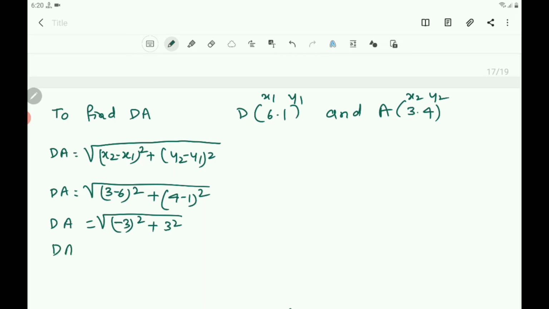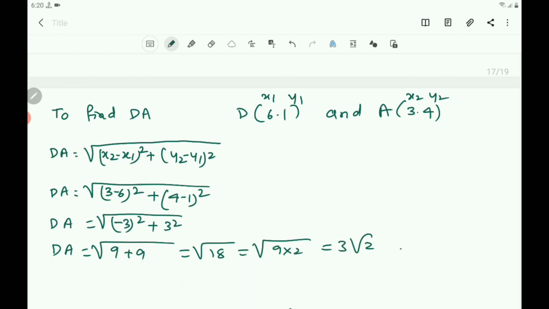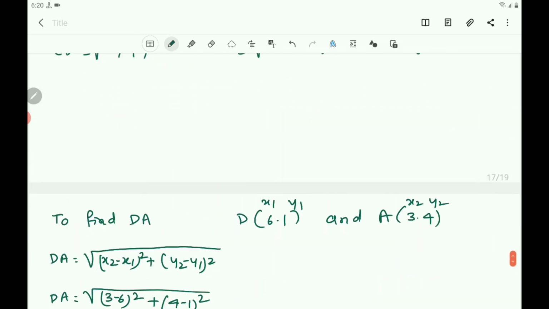Then DA equals root of 9 plus 9, that equals root 18. Again that is root of 9 into 2, equals 3 root 2. So this is the fourth one.